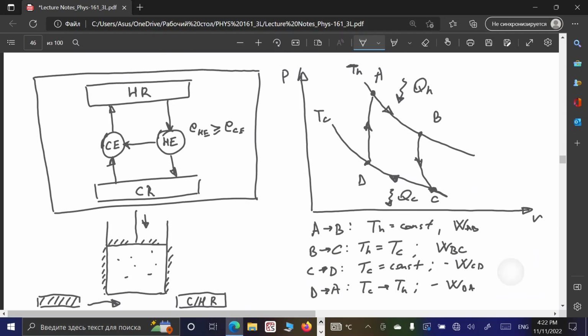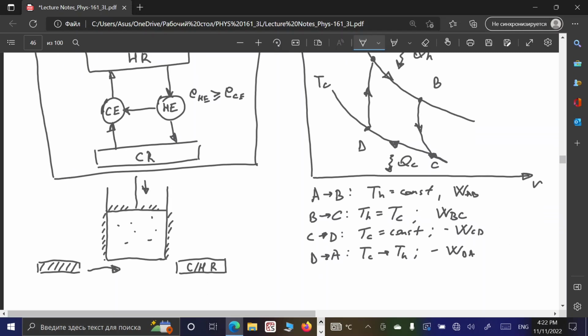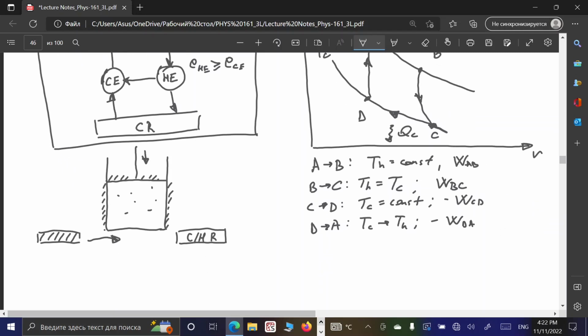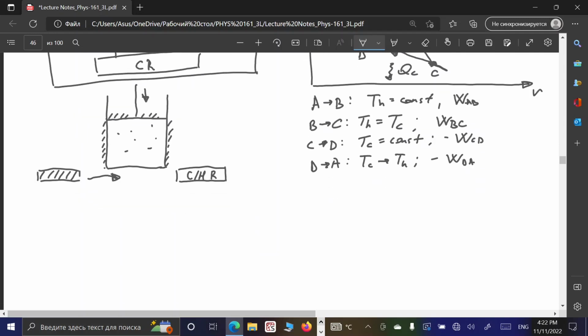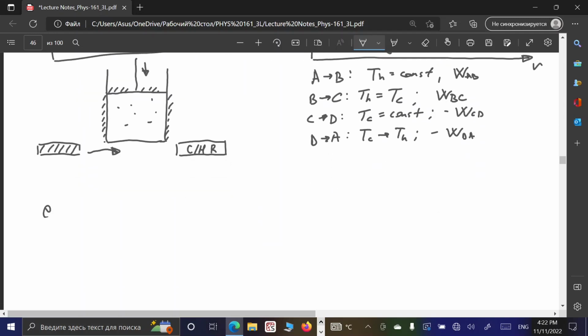So now let us consider how we can determine its performance. The performance of a Carnot, well, any heat engine, can be defined, as we discussed previously, as unity minus QC over QH.